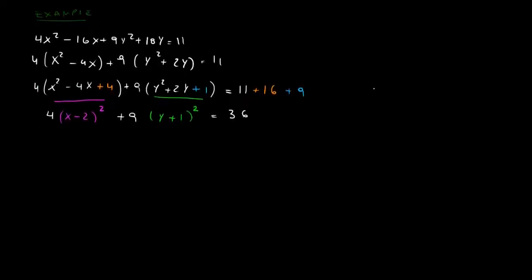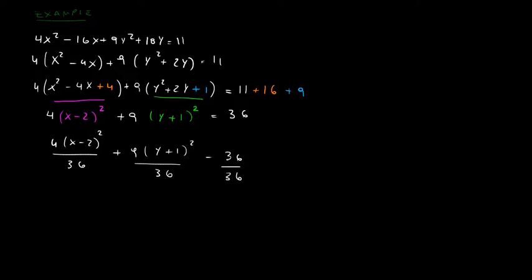To try and get that 1, we're going to divide this expression by 36. So we're going to have 4 times (x minus 2) squared divided by 36 plus 9 times (y plus 1) squared divided by 36. This is equal to 36 over 36.